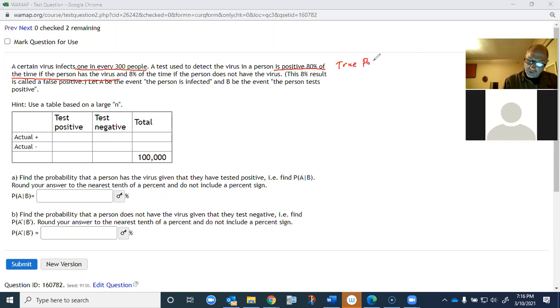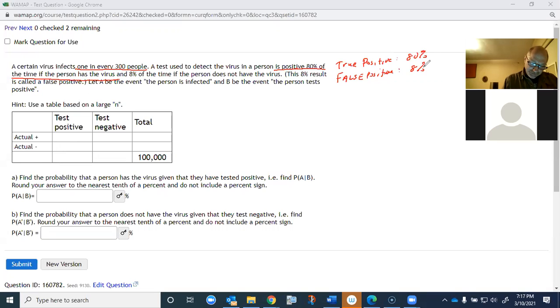That means the true positives are 80%. But notice it also says it's positive 8% of the time if the person does not have the virus. So that is what is called a false positive. That's 8% is a false positive.